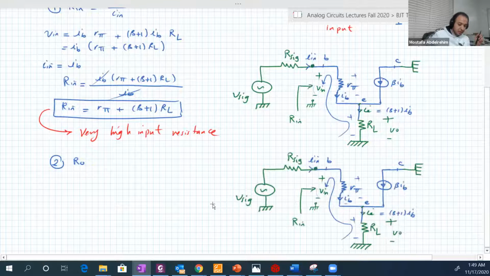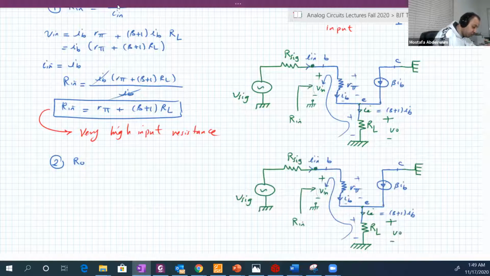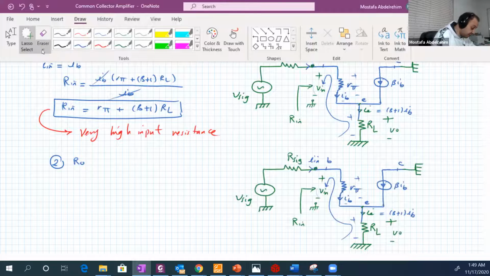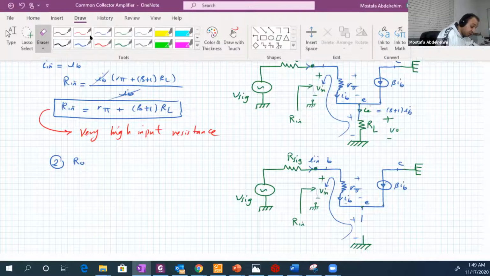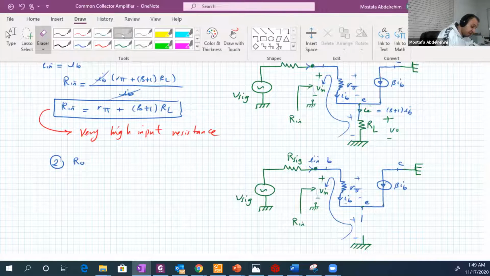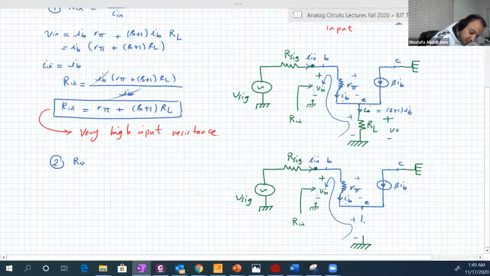Here it is. So I'm going to remove our load and put a testing voltage source instead of it. I'm going to put here Vx, which produces Ix.